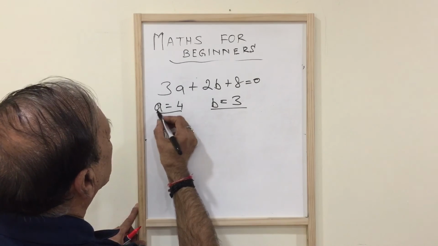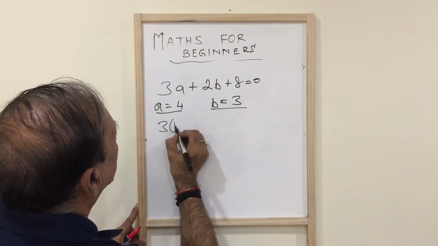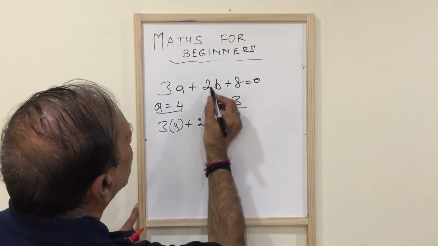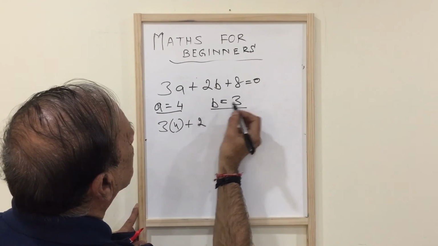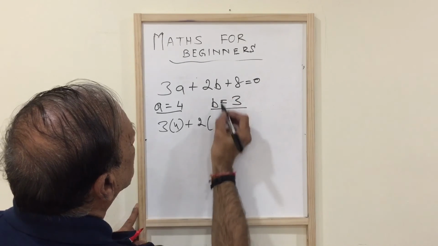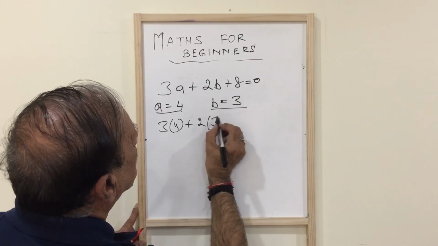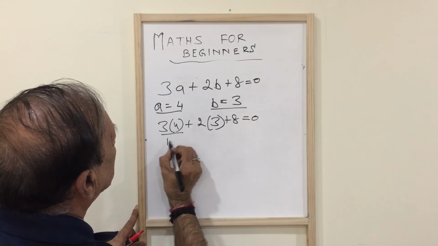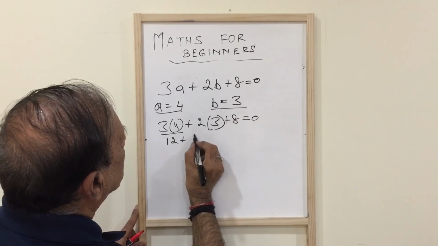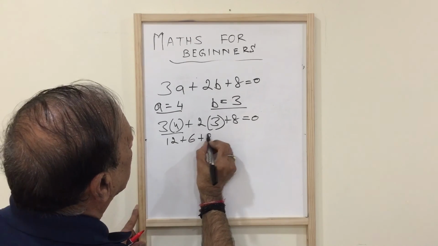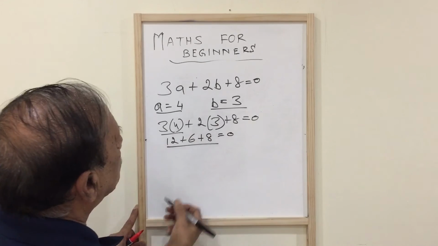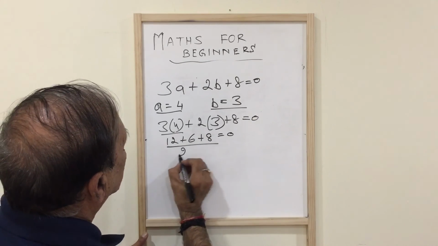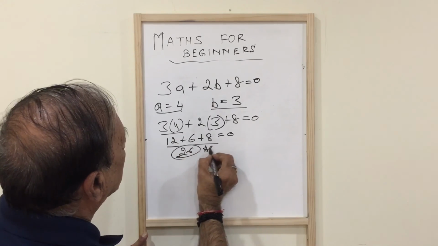Instead of a you will put 4. 3 into a is 3 multiplied by 4, plus 2 into b is 2 multiplied by 3, plus 8 is equal to 0. So 3 into 4 comes 12, 2 into 3 is 6, plus 8 is equal to 0. So you have to add these: 12 plus 6 plus 8, it comes to 26. So the answer will be 26.